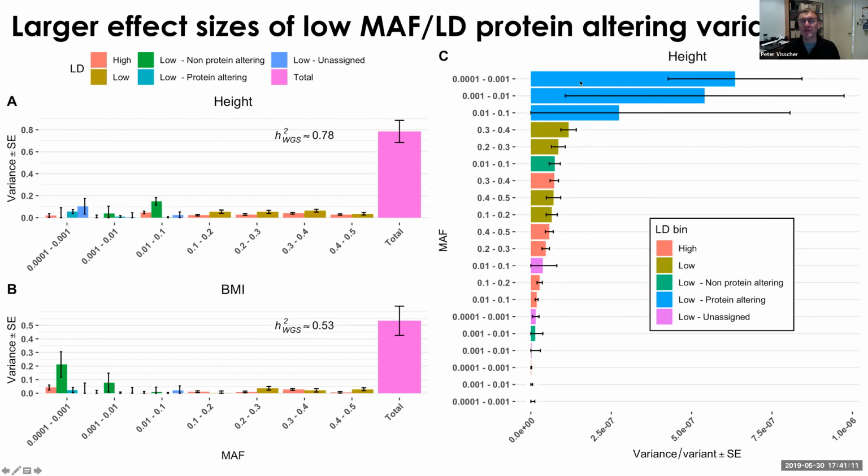That's the variance components divided by the number of variants in that bin. So we concluded from this that this is evidence for larger effect sizes, essentially, of low MAF and low LD protein altering variants.